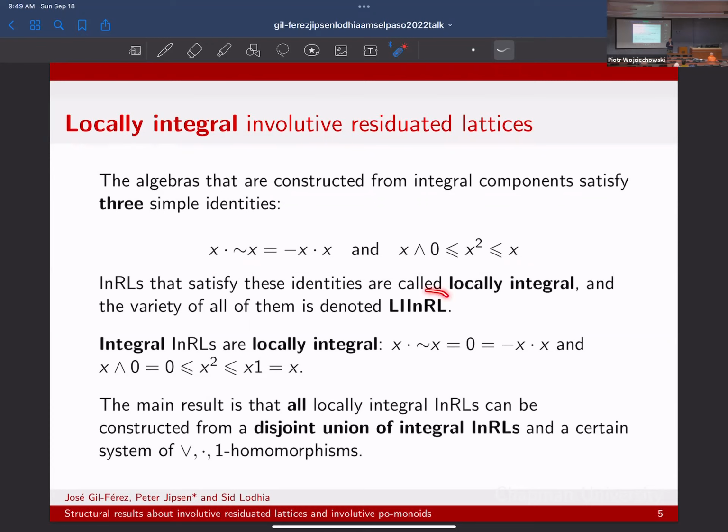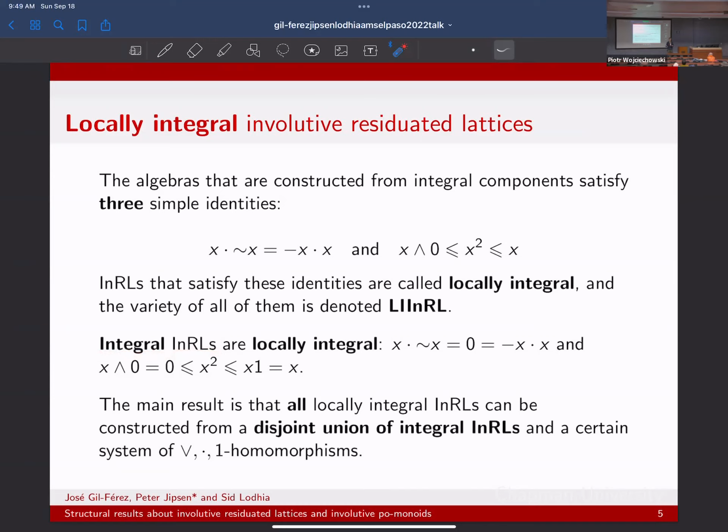And so this variety of locally integral involutive residuated lattices is where the decomposition works, and it's a vastly bigger class than just the integral ones themselves. If you have an integral involutive residuated lattice, it's already in this setting, it's locally integral, right?